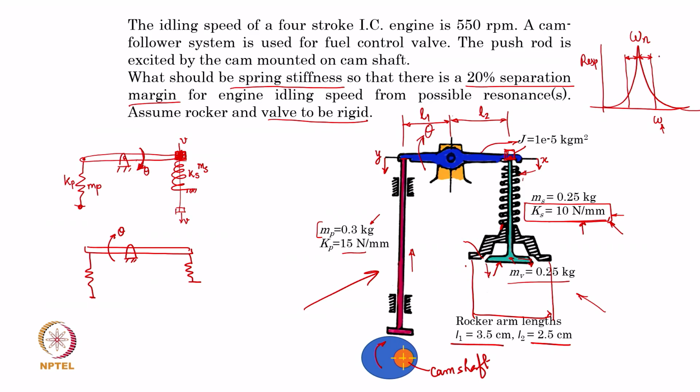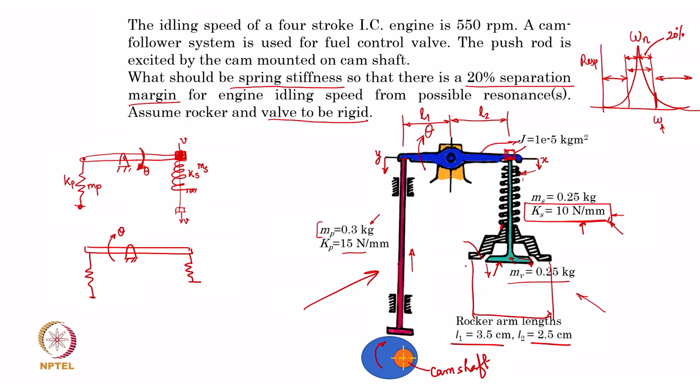So, whether using this spring stiffness, are we going to lie either in this region or in this region to avoid closeness to the resonance region. That is what the separation margin is all about. So, this gap should be 20%, or the frequency difference between the natural frequency and the excitation frequency should be 20% of the natural frequency.